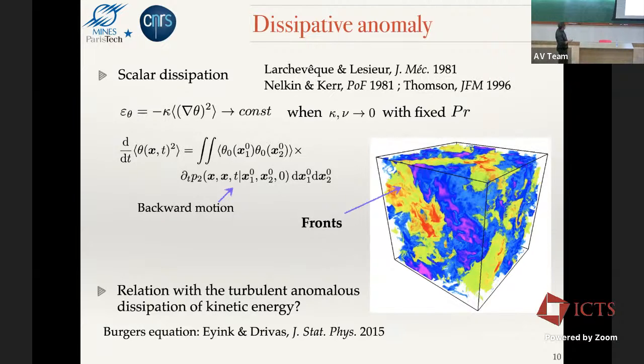The scalar fluctuations are related to initial correlations at 2 different points times the probability of starting from these 2 points and finishing at the same point.